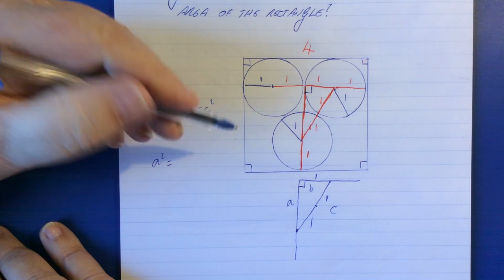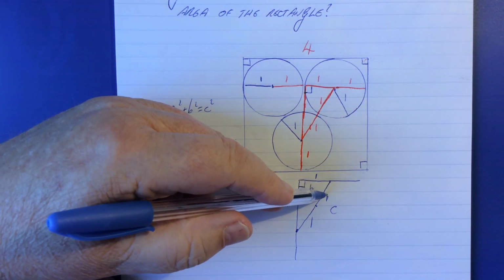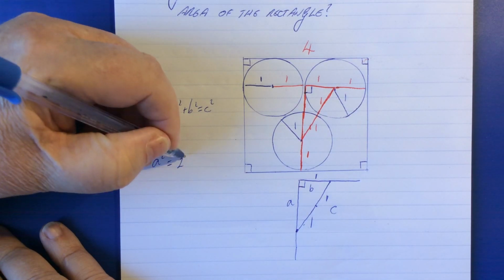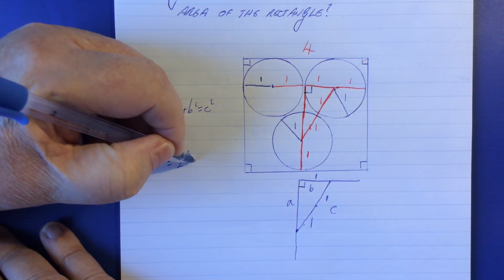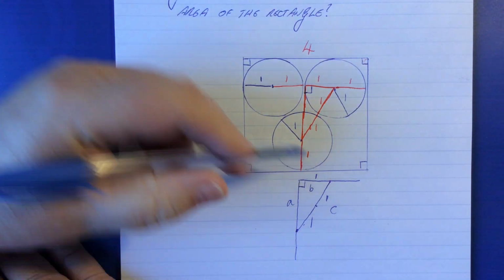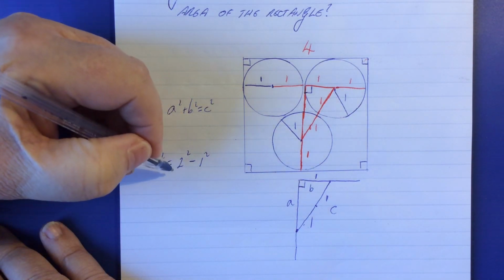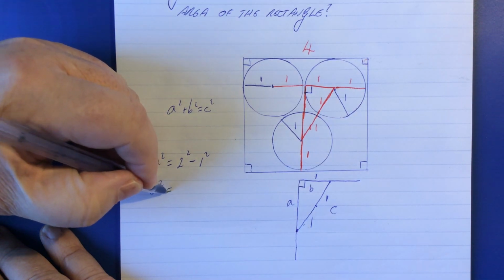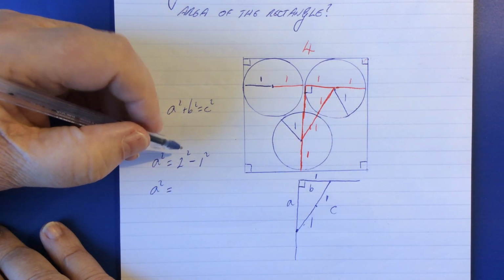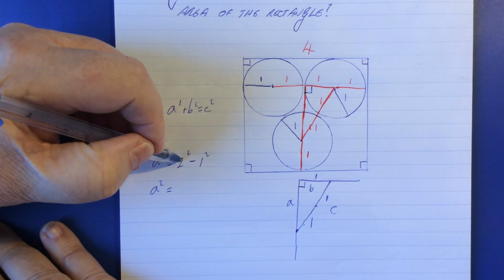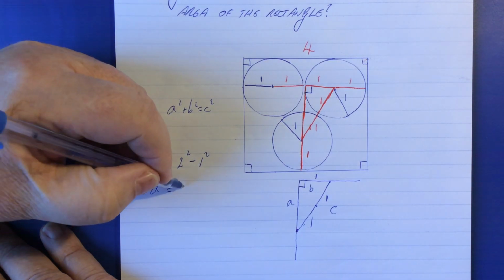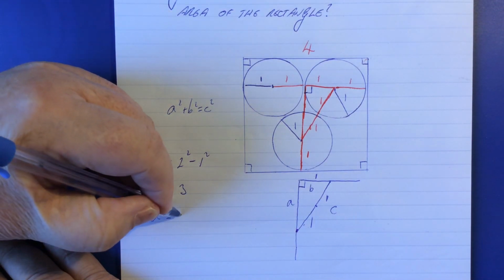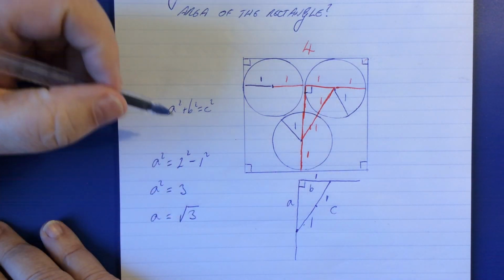Well, c squared, which is 2 times 2, 2 squared, minus 1 squared. So a squared is equal to 2 2s are 4, minus 1 is 3, 3. a is equal to the positive square root of 3.